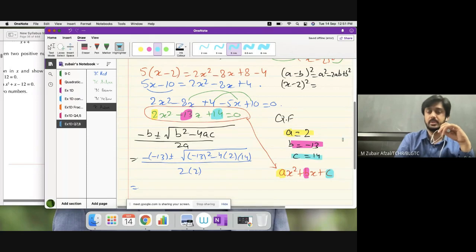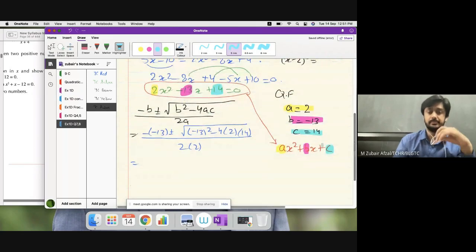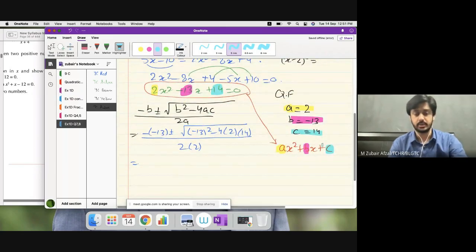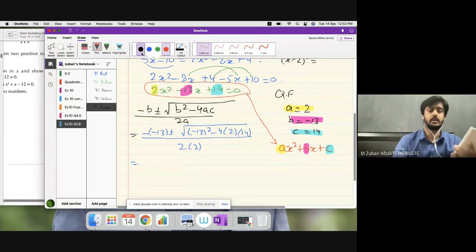You just have to copy these values and substitute in the formula. Then use your calculators. You have to master your machine as well. Minus 4AC, and 14 over 2A, that's 2 times 2. So the first value you get is negative 1.3625.